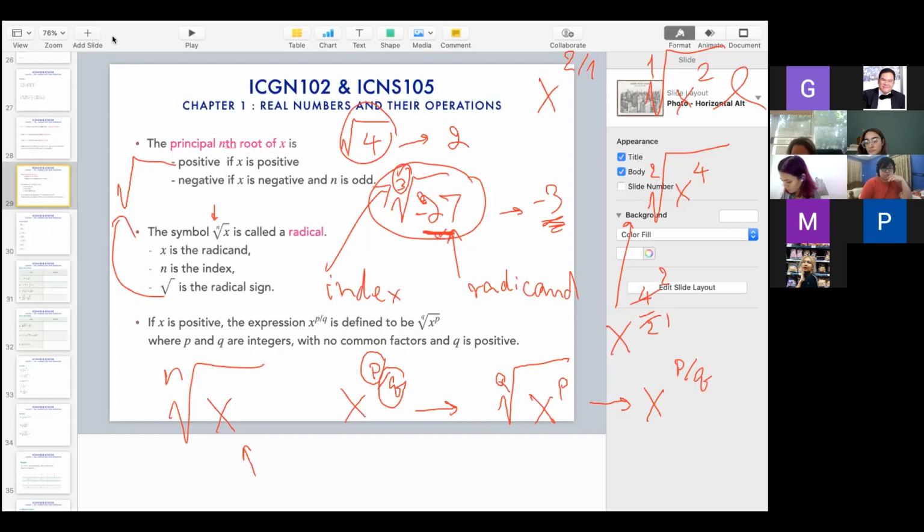If there is a common factor between the dividend and divisor, you have to find it first before you finalize the expression.